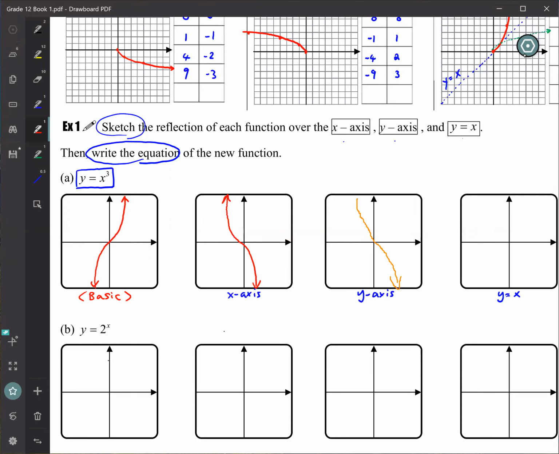Okay, so it looks the same as the x-axis then. Yes. So whatever is on the right side will go to the left, and whatever is on the left will go to the right side. Very good. So this one goes down like that.